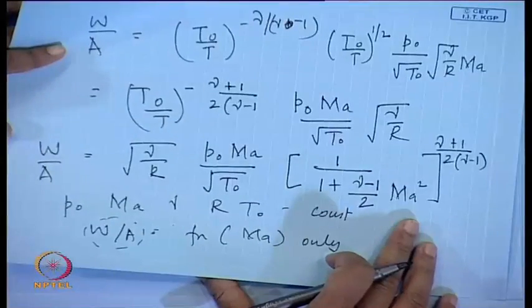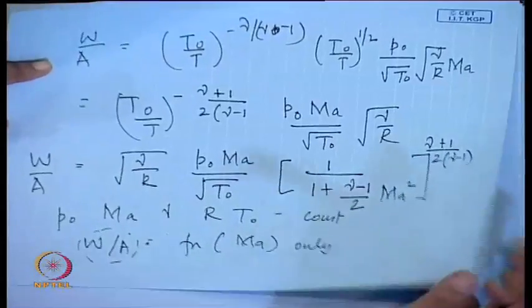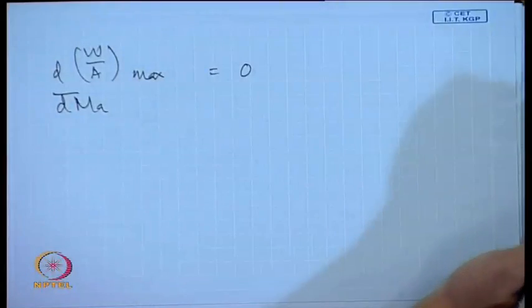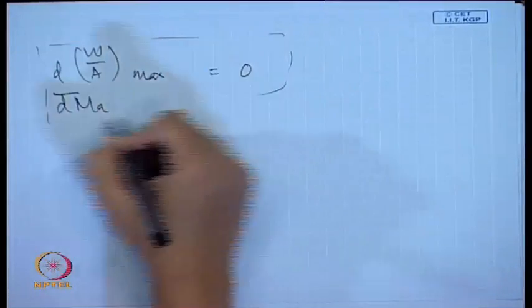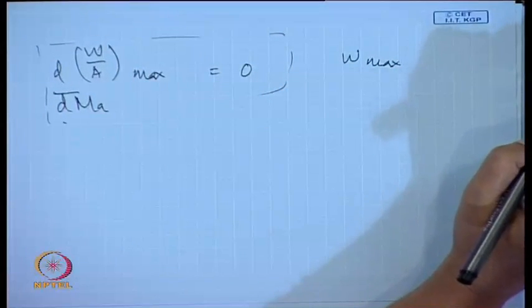This will depend definitely only on the Mach number, okay, and the condition which will give you W by A max can be obtained as d of dMa equals to 0, yes or no. From this particular condition I can get an estimate of W max, isn't it.